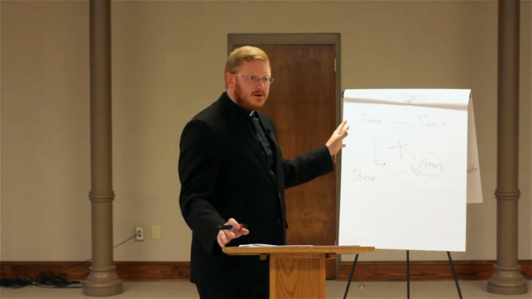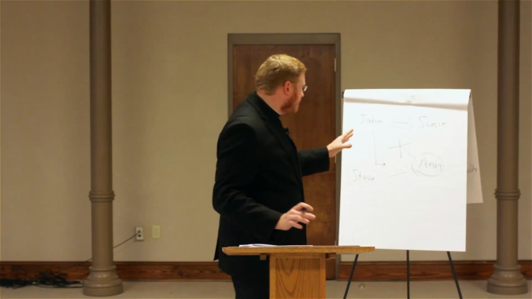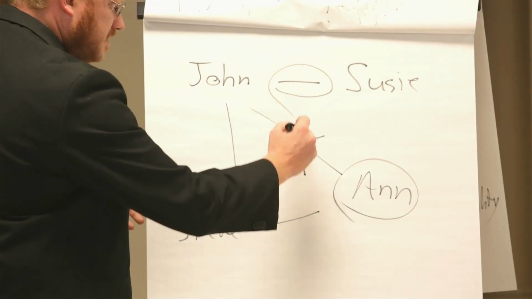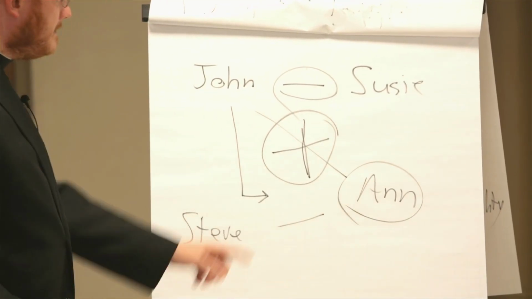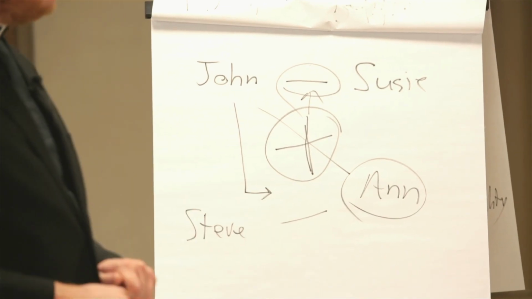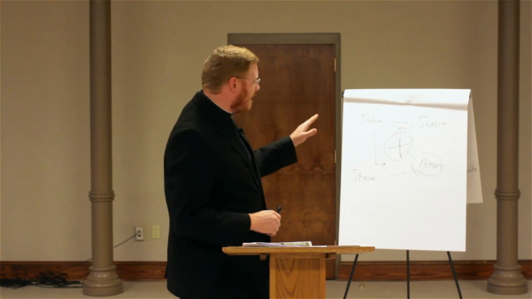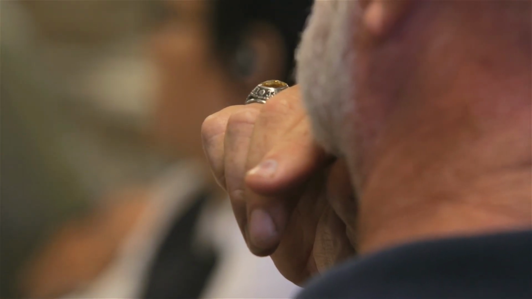Not for the brokenness that is this world, but we rejoice because we have discovered an impediment, which would cause Anne's marriage to John to be declared null. This is a declaration of nullity called prior bond because he was married first to Susie, and we presume that marriage to be valid. Does that make sense? Prior bond. If a person has given consent to his spouse, he is not free to contract marriage with another person while still bound to that spouse. That's prior bond. And that's an important thing to ask.